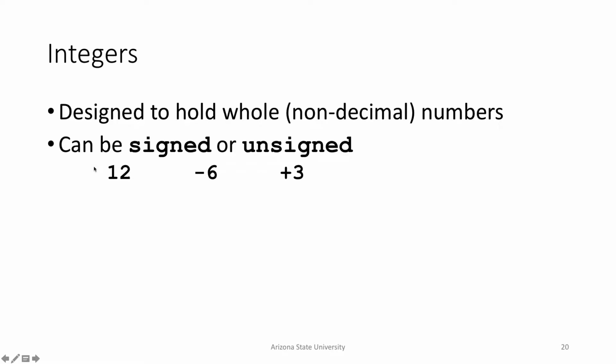But since I didn't have the plus here, I would say that that is unsigned. And then I would say +3 here is signed because it has the plus there. But you're not going to be writing plus when the integer is positive or 0. If it's negative, you will put the negative sign there.